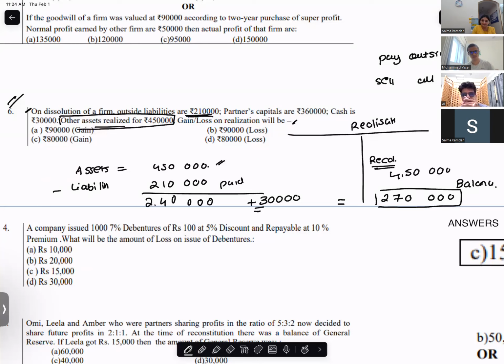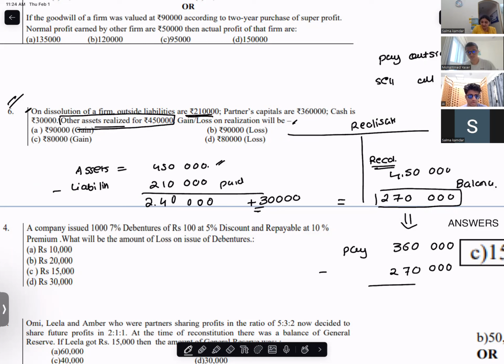Are you with me? From this 2,70,000, they have to pay 3,60,000 to the partners. Is the money sufficient to pay the partners? No.